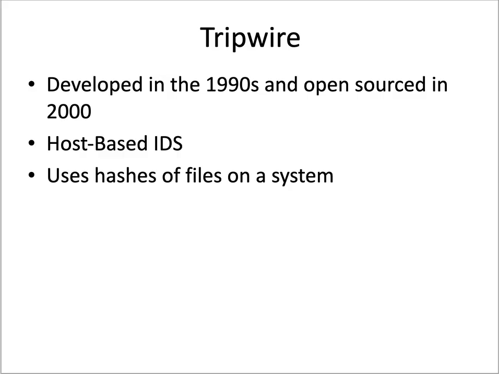So you can think of it as a checksum. And then what you do is you watch for files whose hash value changes over time and alert on that. If you do a software update, that might change files, but it could also be hacker activity. So that's how Tripwire works.